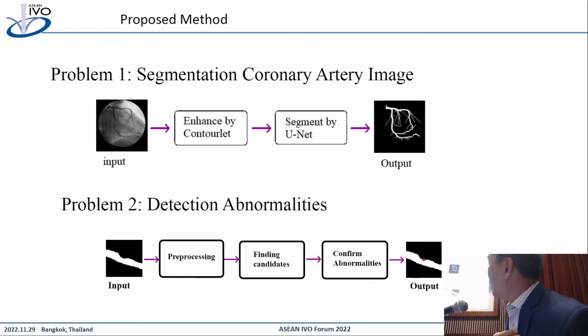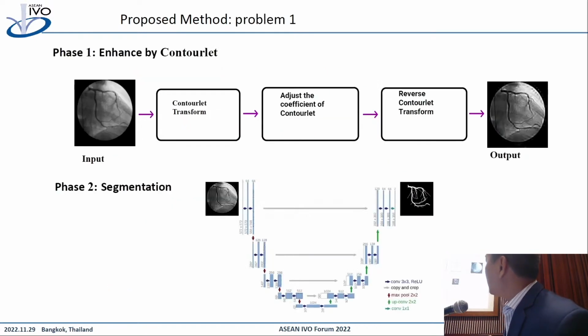The second problem we solve with three steps. The input is the output from the segmentation, and we pre-process and find candidates. Finally, we confirm which candidate is the abnormality, and we get the output. In detail, for problem one, the proposed method has two phases. In the first phase we enhance with Contourlet.